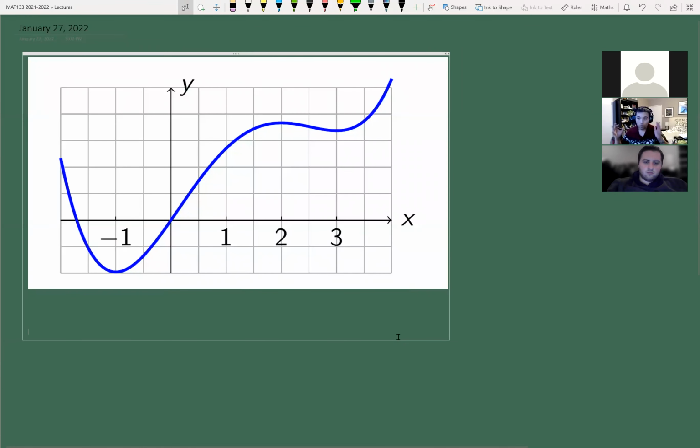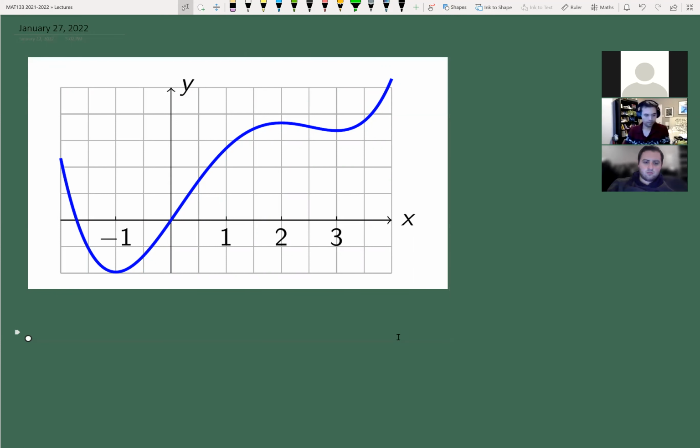Okay, what is the derivative geometrically? How can we think about it in terms of the graph? Does anyone have an idea? Right. Okay. So it's the slope of the tangent to the graph, right?